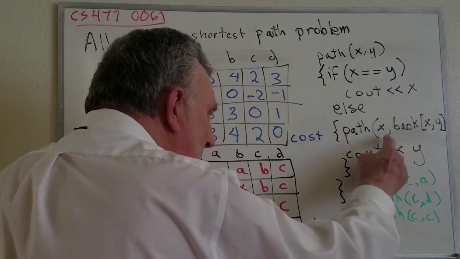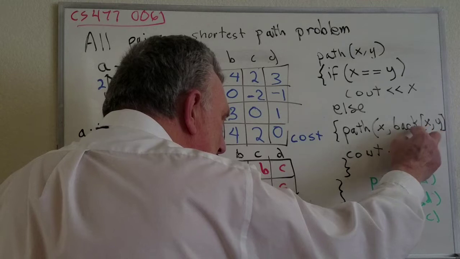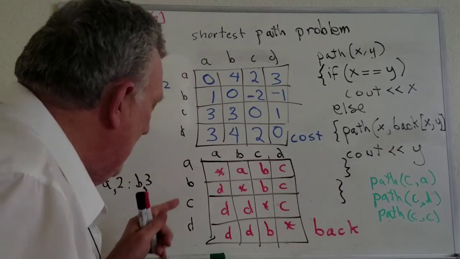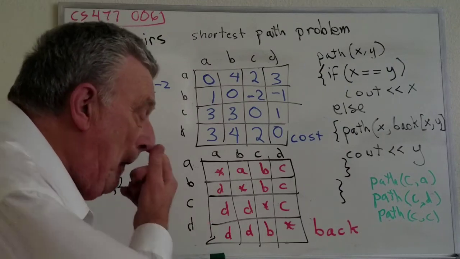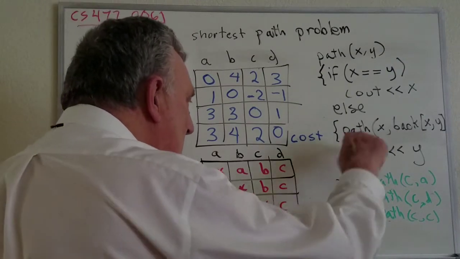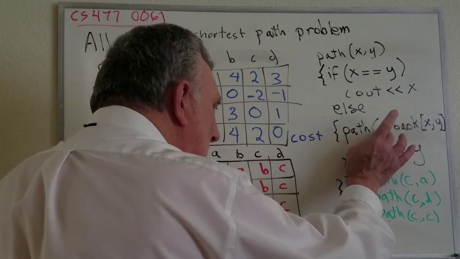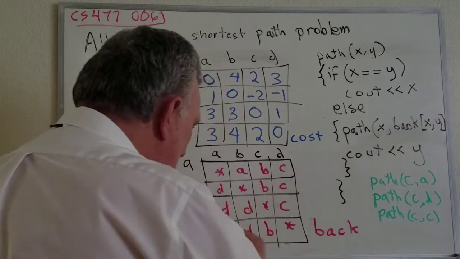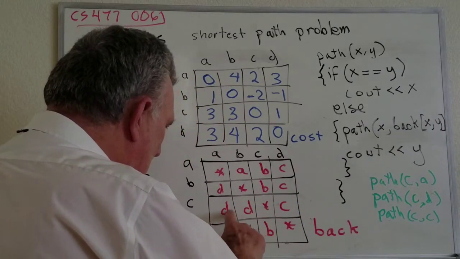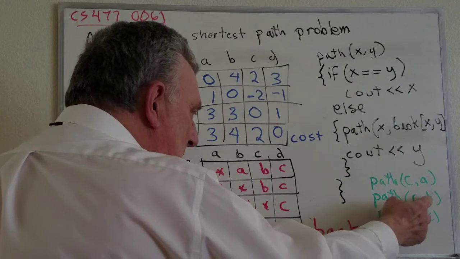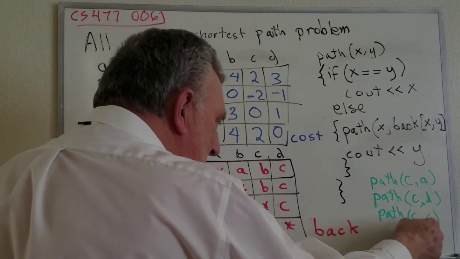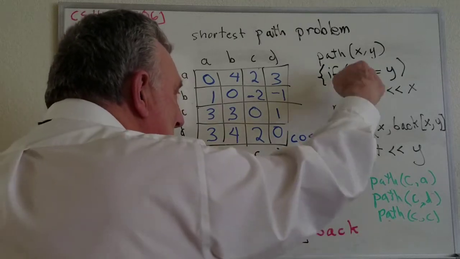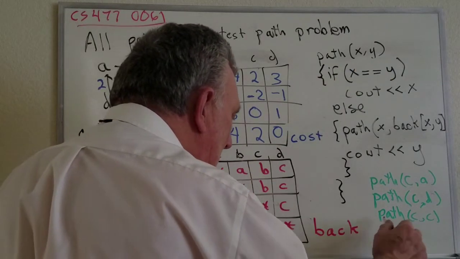Instead, we call path from C to back CA, but back CA is D. Now those are not equal, so I then call back CD, and then what's back CD? Back CD is C. And so this will then call path CC. And when we call path C, we enter this branch, which prints out the value C.